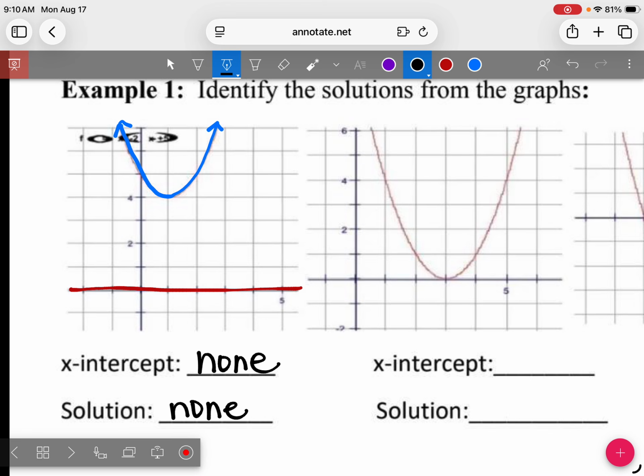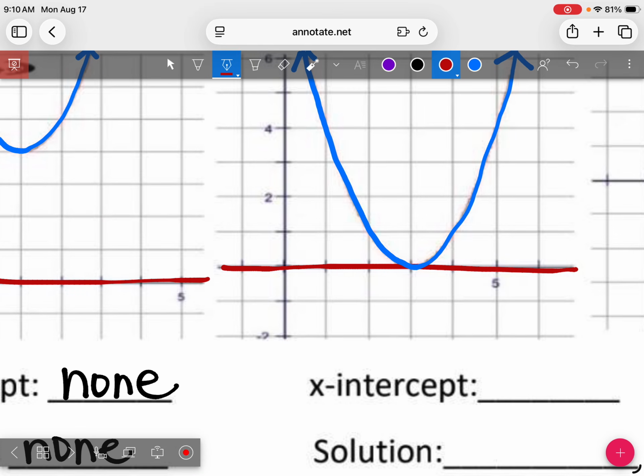All right, second, I have my red axis, and then I have my graph. Right here. Okay, where does the blue graph touch the red axis? It touches right here. And it's only at one spot.